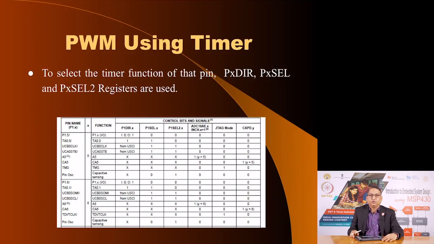Now, you are going to use P1.6, which is otherwise an input or output pin, port 1 bit 6, for the timer function, that is the PWM function. So, you must tell the control registers associated with port 1 that you want to use this pin as a PWM signal.